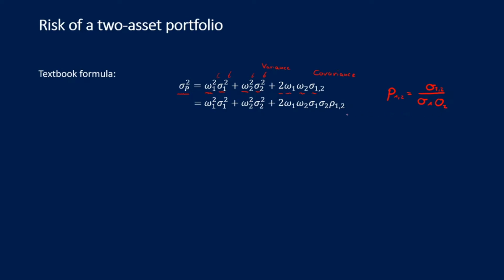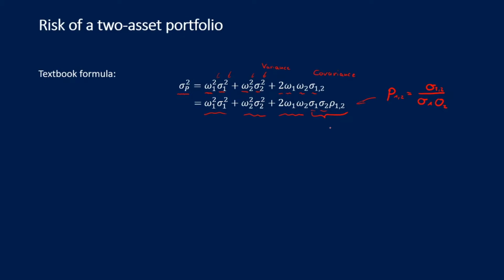Because this is the case, we can rewrite the formula. So this is the same, and this is the same. But here it is changed. Here we have the standard deviation of both and the correlation coefficient all multiplied with each other. That's because of this relation.